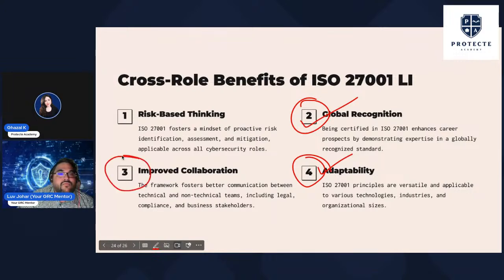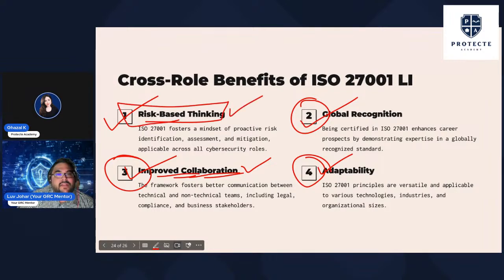Improved collaboration between teams: when you try to inculcate security as a culture, like I mentioned, teams have to communicate with each other. Without communication you cannot establish the culture. So that's where you'll get the improved collaboration. And definitely risk based thinking, which is very important for any organization right now.